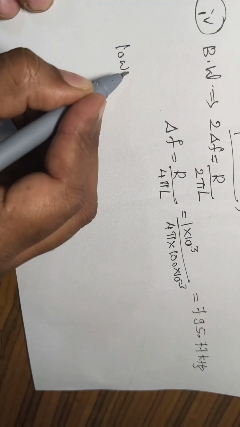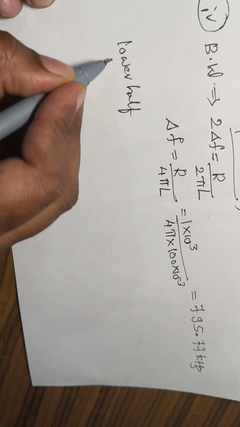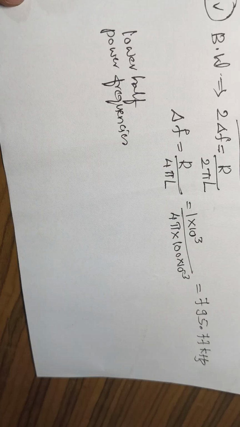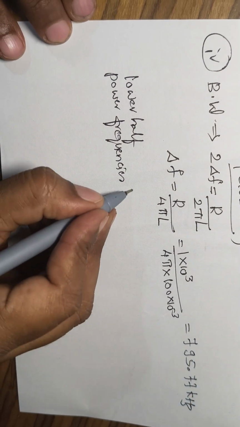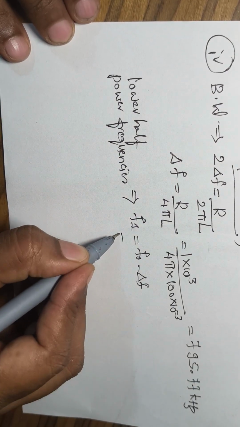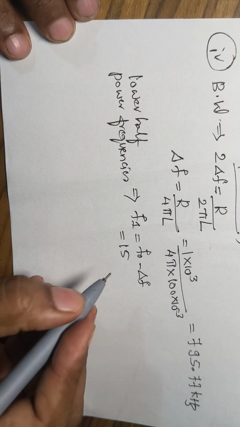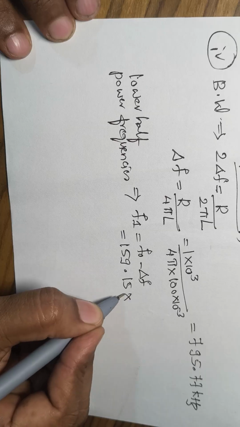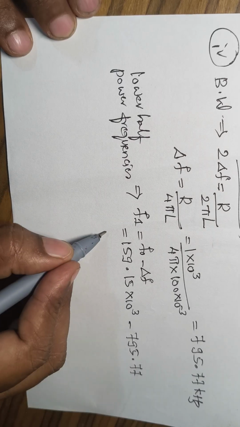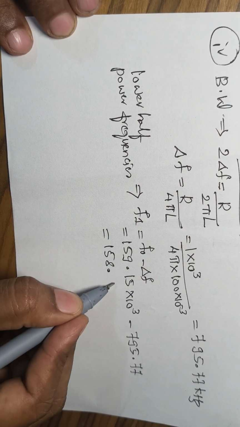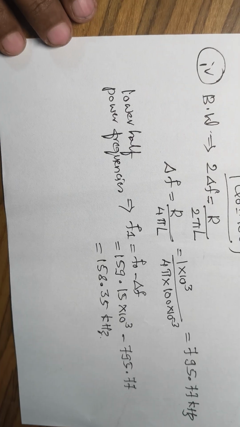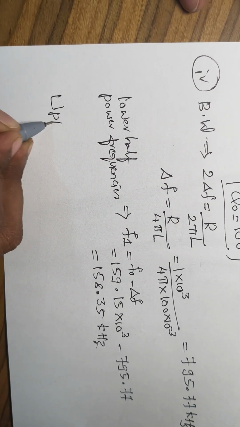First we need to find the lower half power frequency, which is given by f1 is equal to f naught minus delta f, that is equal to 159.15 into 10 raised to 3 minus 795.77. So you get it as 158.35 kilohertz.